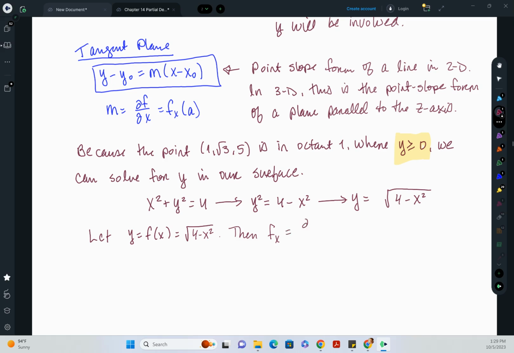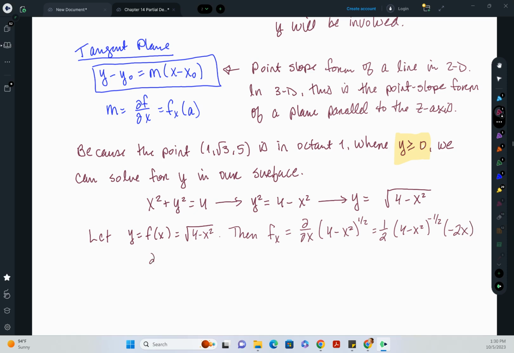What that's going to mean is we're going to take del x, which it turns out is really not a partial because we have an explicit function of one variable here. So I'm going to stress that ultimately we had a two variable function there. But if we take del x of 4 minus x squared to the 1/2 power, we're going to get 1/2 times 4 minus x squared to the negative 1/2 times the negative 2x when we use the chain rule.